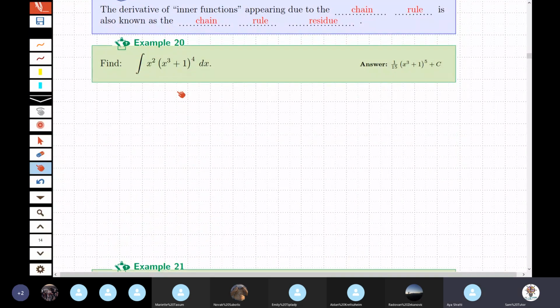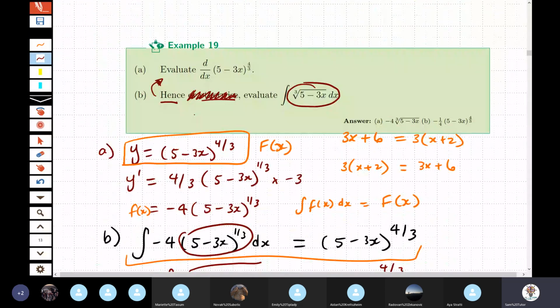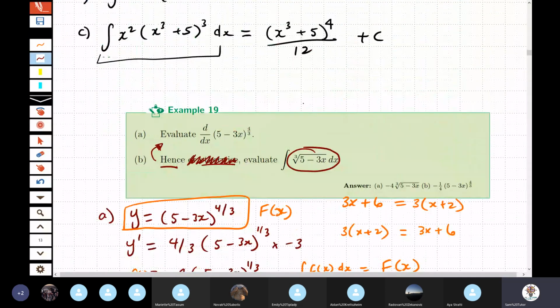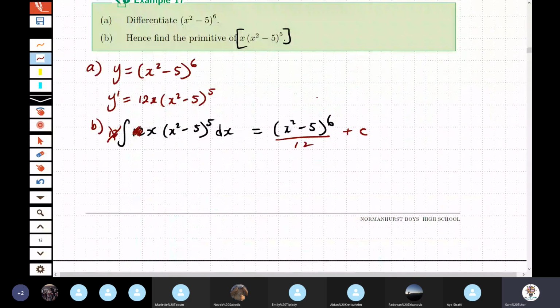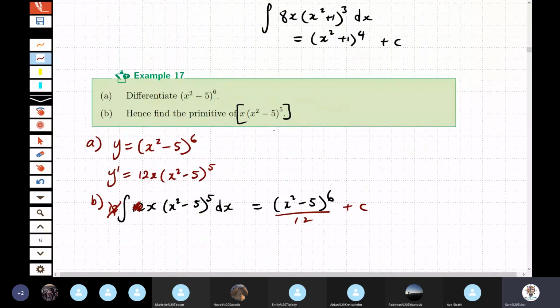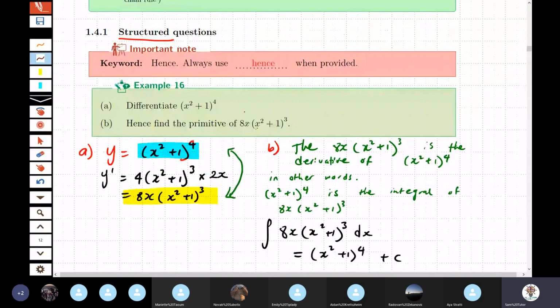X cubed plus 1. Yeah, right. At least I think we can all agree. Does anyone not agree with what I was trying to show there? We have seen a common theme that the insides are always there: x cubed plus 5, x cubed plus 5; x squared minus 5, x squared minus 5; x squared plus 1, x squared plus 1.